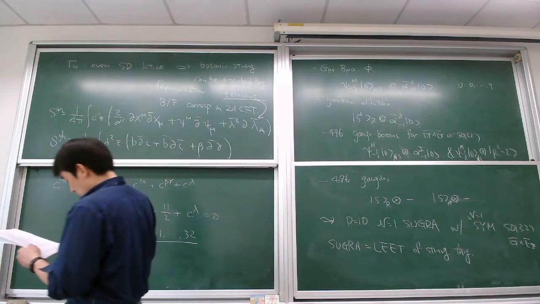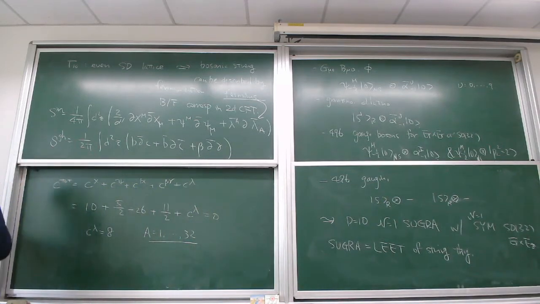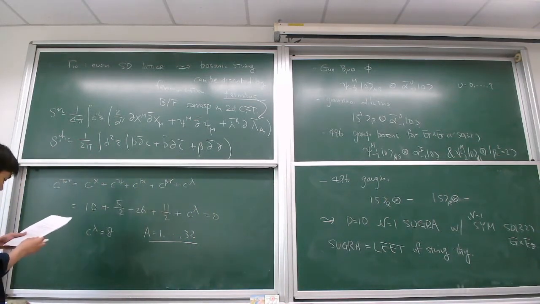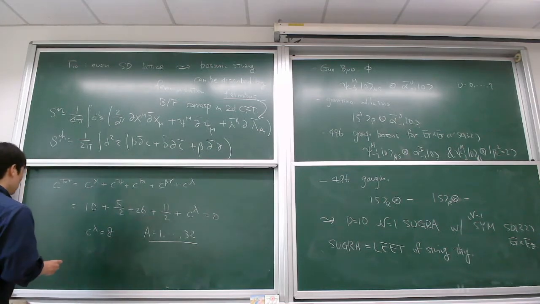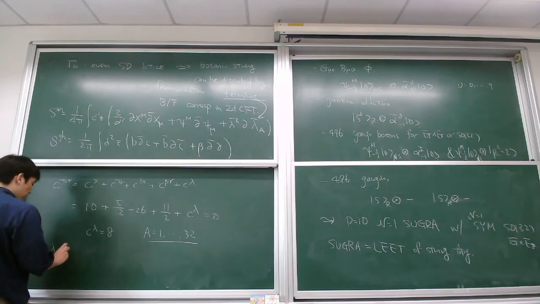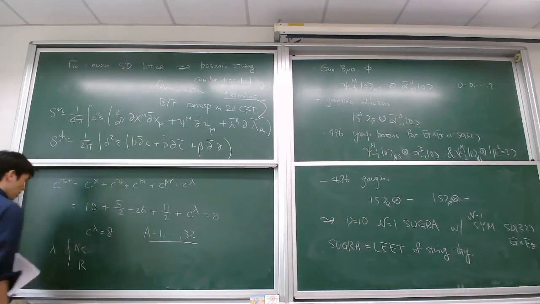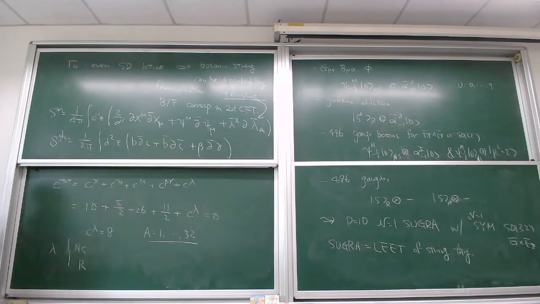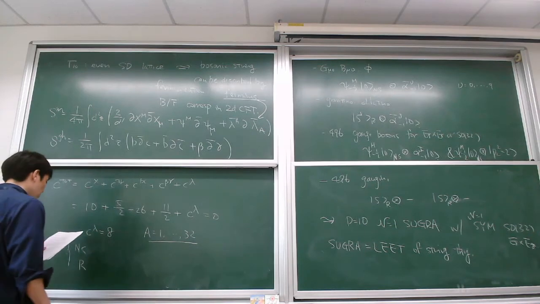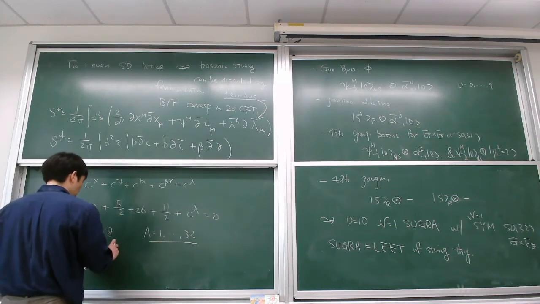Now, in order for the theory to be consistent, lambda has a boundary condition, either NS or Ramond. And for the corresponding boundary condition, you need to impose the GSO projection in order for the spectrum to be consistent.